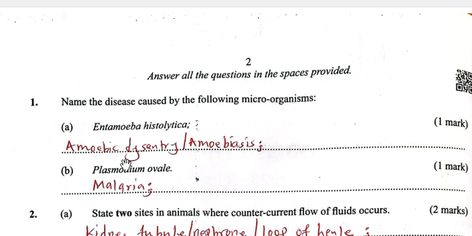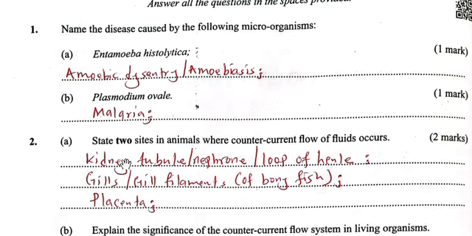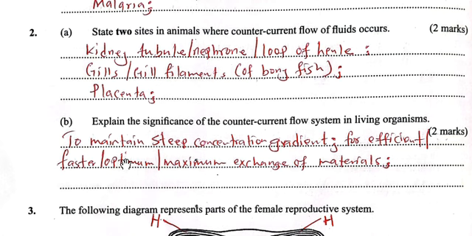Question 2: state 2 sites in animals where countercurrent flow of fluids occurs.